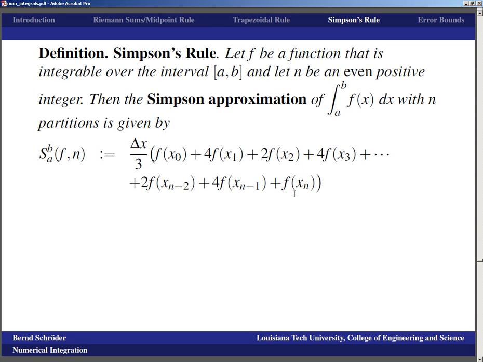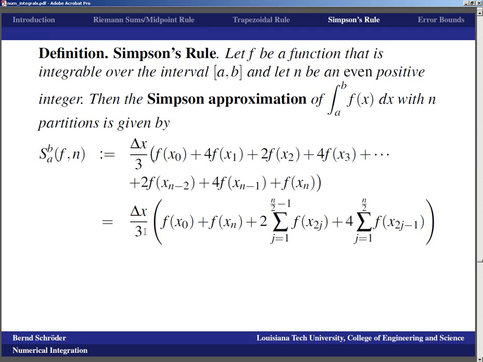That keeps alternating until at the end the second to last one is multiplied by 4, and you add to it the value at the last point. And so that's delta x over 3, f of x0 plus f of xn plus 2 times the sum of the values at the even-numbered partition points, and 4 times the sum of the values of the function at the odd-numbered partition points.